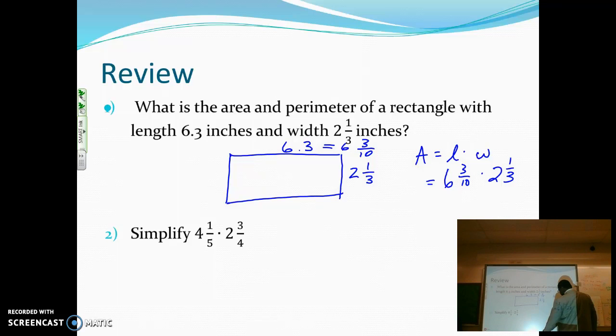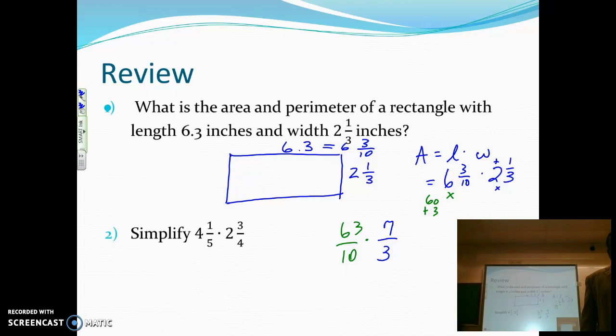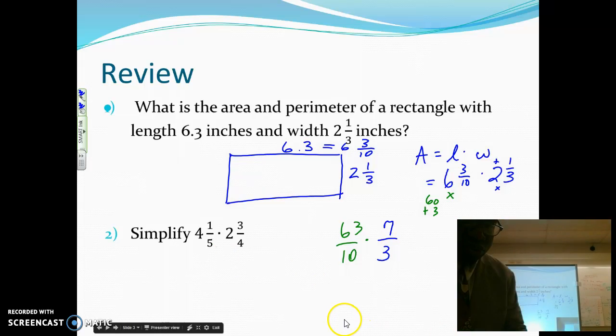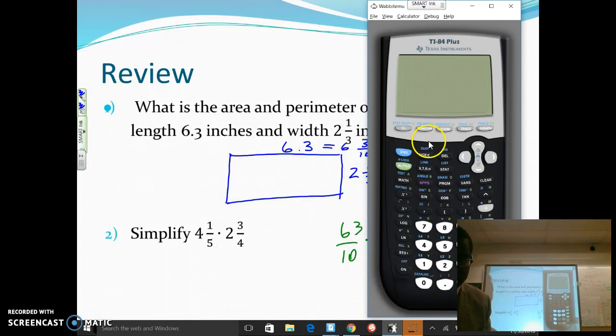So using the rule, we have 10 times 6, which is 60, plus 3, that gives us 63 over 10. And then we have 3 times 2 plus 1, that gives us 7 over 3. So we have 63 times 7 on top and 10 times 3 on the bottom.